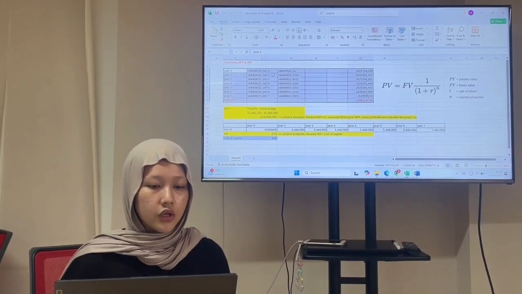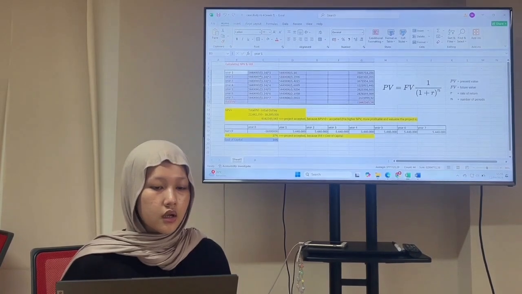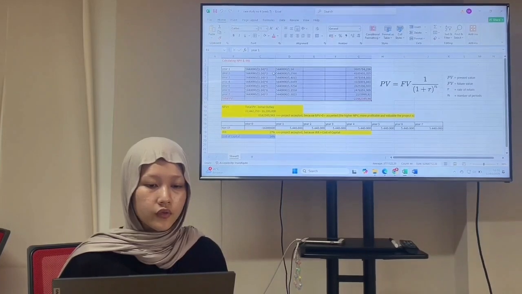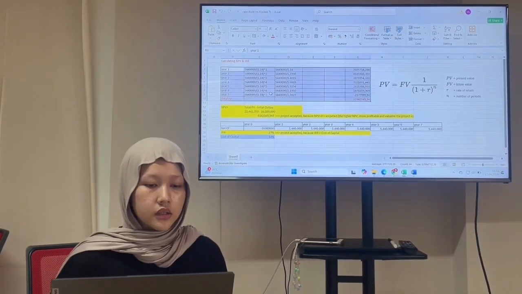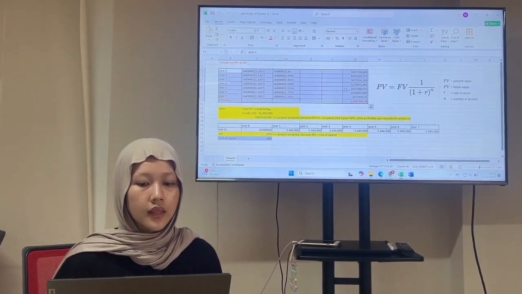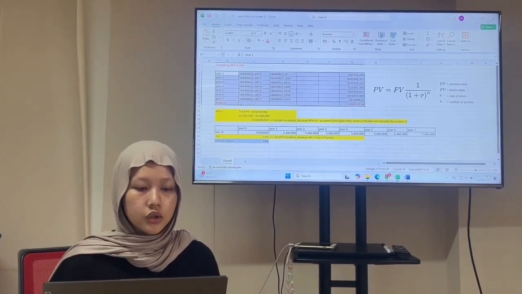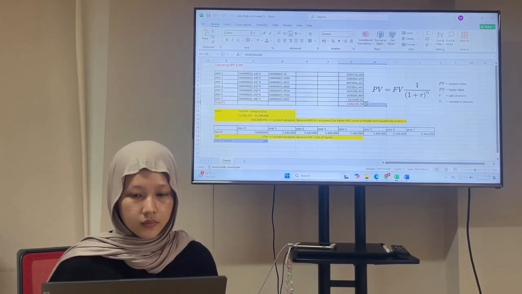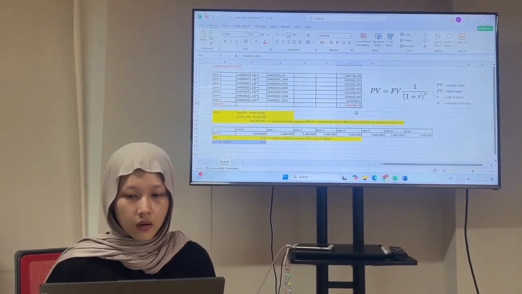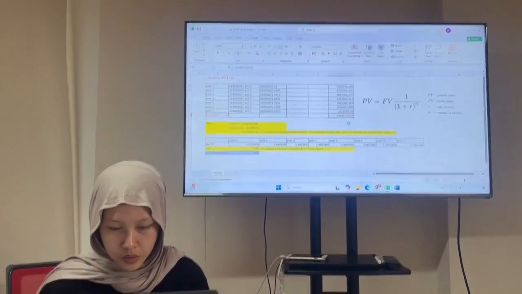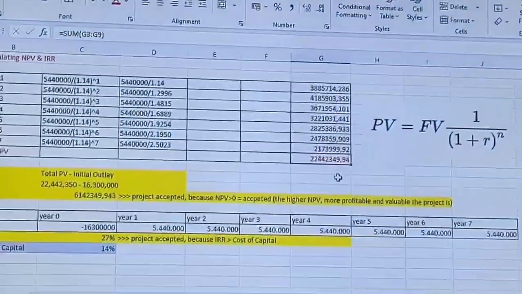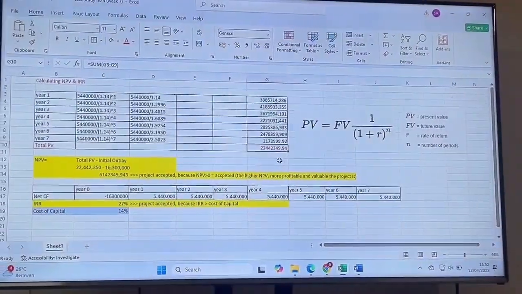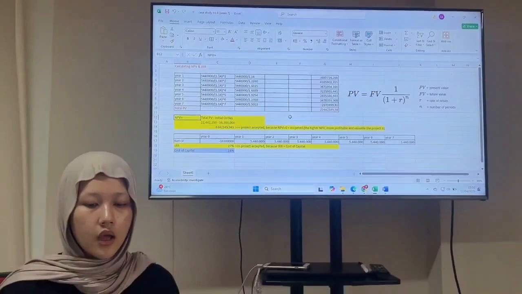And then for year 2, we just change to the power of 2, etc., until year 7. And then we got the total PV, it's 22,400,000, etc.